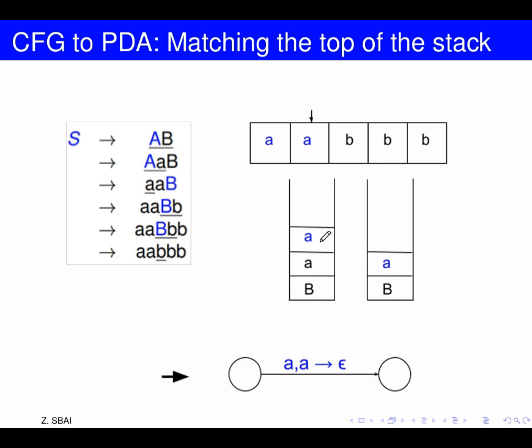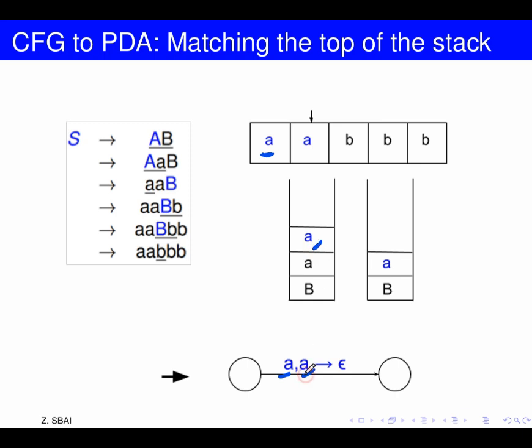Now if we see a terminal symbol on top of the stack, and we are reading this symbol from the input, we will say that this symbol, small a, has to be read from the input, and the same symbol, small a, has to appear on top of the stack.